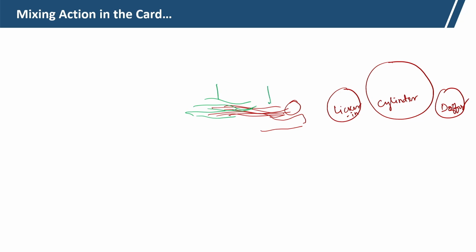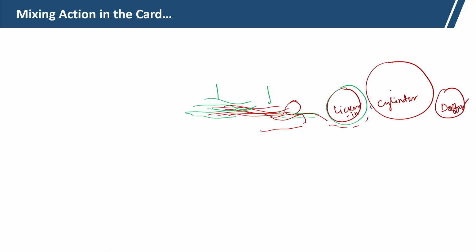So, two fibers coming from the blow room have not been mixed properly. Now, what will happen here? The Licker-in will not be able to mix, because this red fiber will go at the front portion.